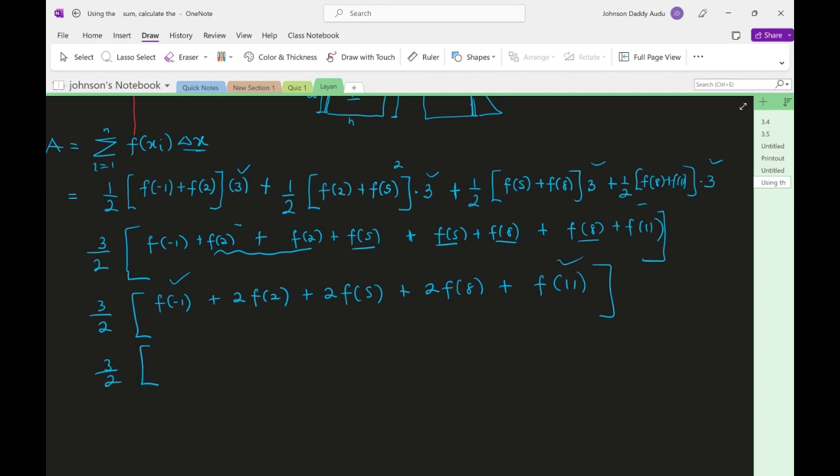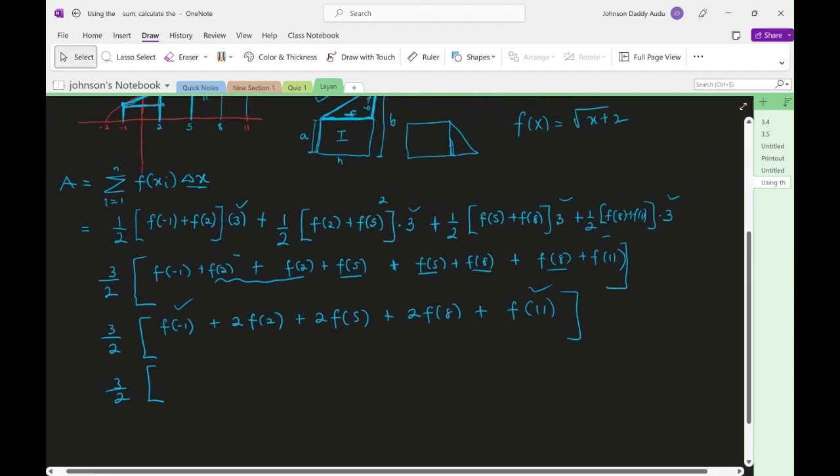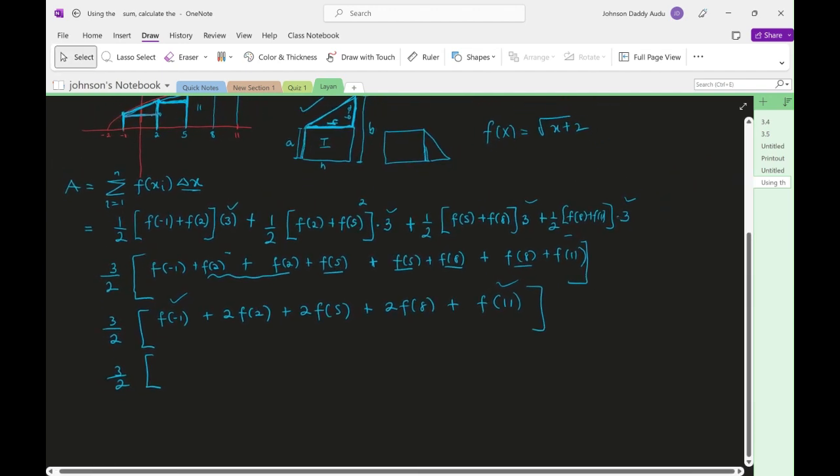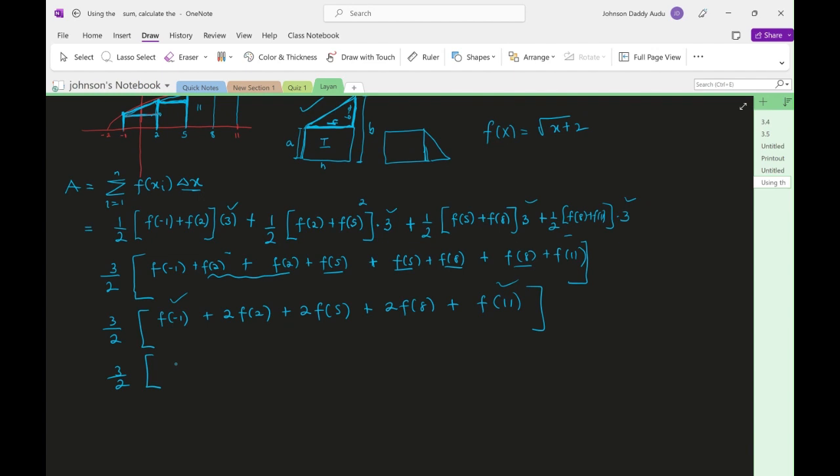So now you can substitute. What is f of minus 1? Just go to your function and put minus 1. If you put minus 1 here, you have root of 1. So this will be 1 plus, here twice f of 2 will be 2, so this will be 2 times 2, plus 2 times f of 5, which is going to give you root of 7, plus 2 times f of 8, which is going to give us root of 10.